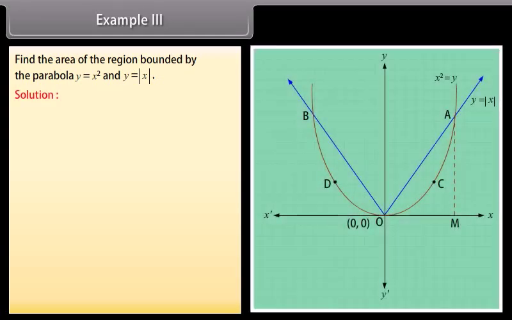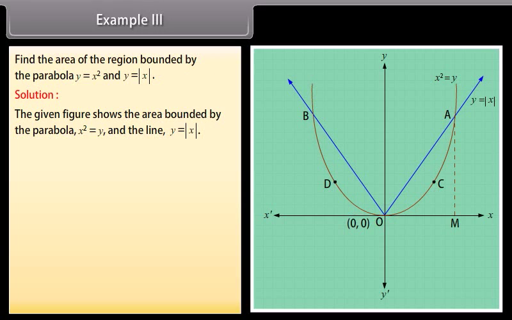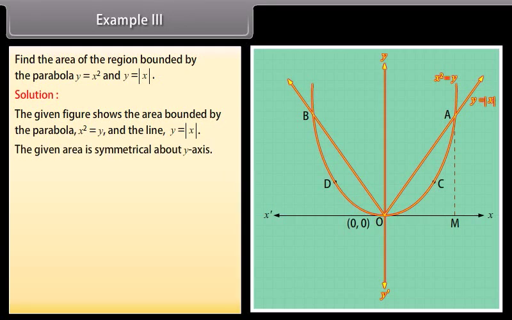Example third. Find the area of the region bound by the parabola y equals x square and y equals modulus of x. Solution. The given figure shows the area bound by the parabola x square equals y and the line y equals modulus of x. The given area is symmetrical about y-axis.